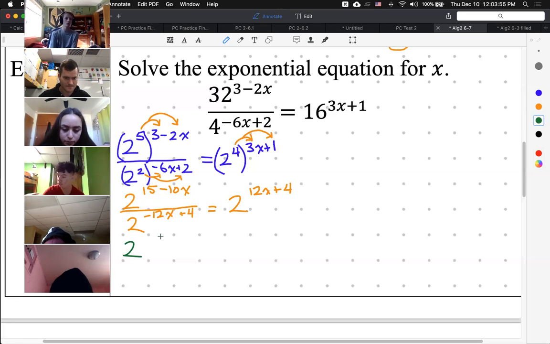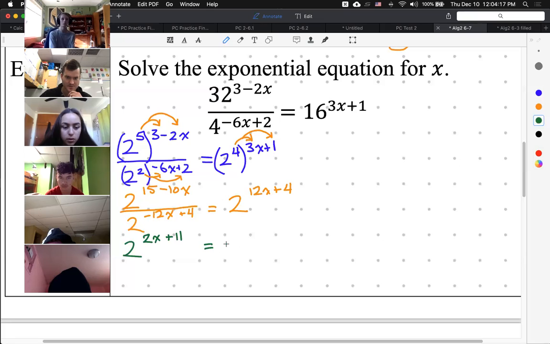And what is that? You'd subtract 10x and 12x. The 12 should switch its sign, so it would be 2x plus 11. There it is.